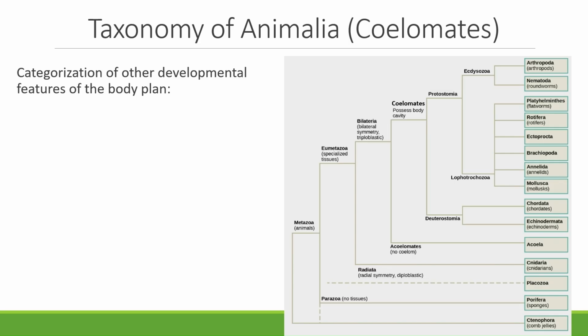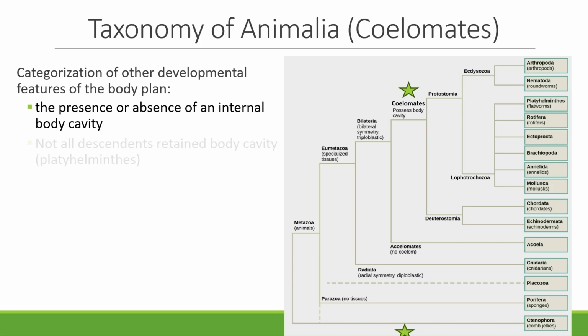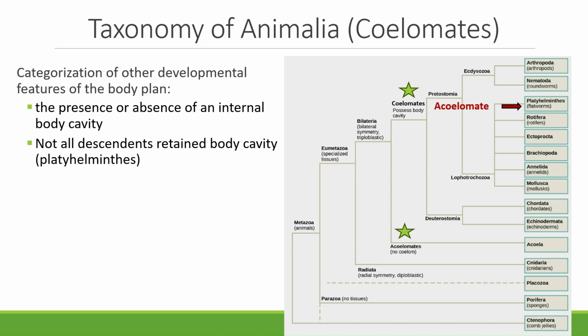Now we'll go ahead and integrate the coelom character into the growing phylogenetic tree. It shows how the presence or absence of a body cavity separates major groups once we have already established tissues, germ layers, and symmetry. Please notice on the slide that some descendants secondarily lost the body cavity, such as the flatworms we just discussed.